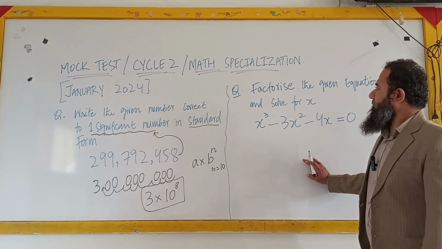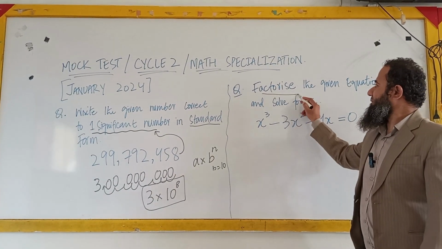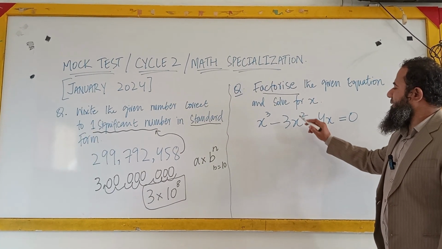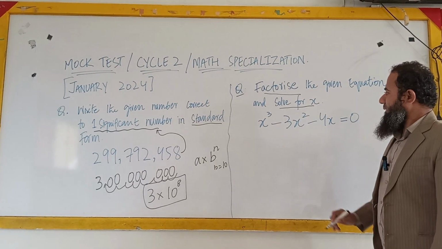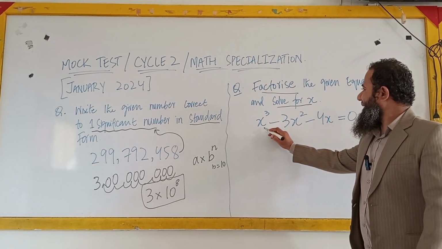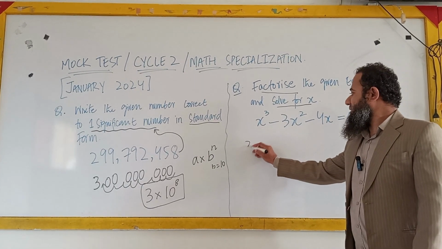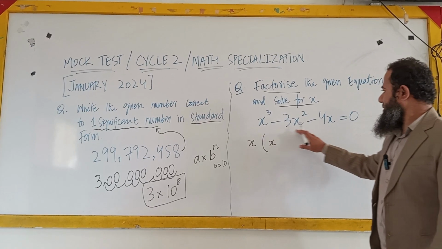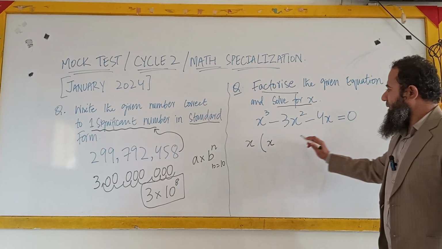In the next question, we need to factorize the given expression, and then we will solve the same equation for x. To factorize the given equation, first of all we need to take the common factor. So x is common in the given equation.